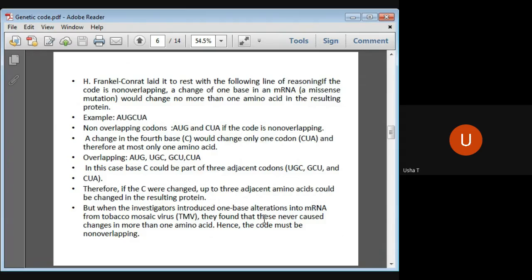Therefore, they came to the conclusion that the genetic code is non-overlapping, because we saw that if it is non-overlapping, one amino acid will change; if it is overlapping, three amino acids will change. Since only one amino acid changed, it was concluded that the genetic code is non-overlapping.